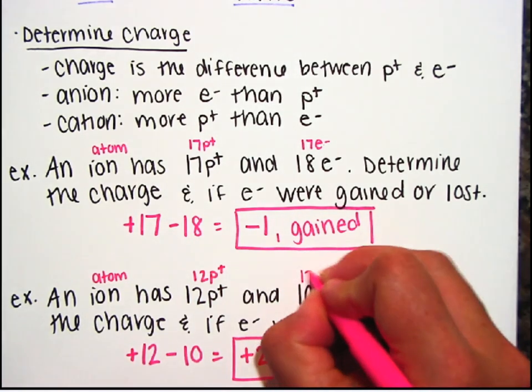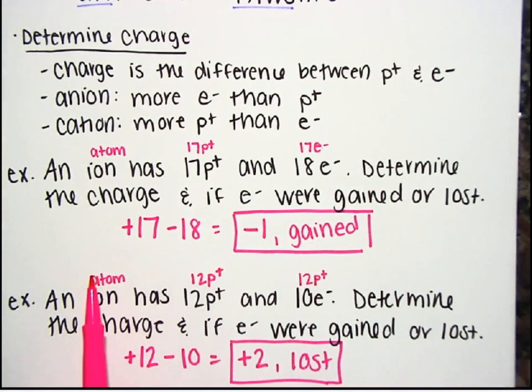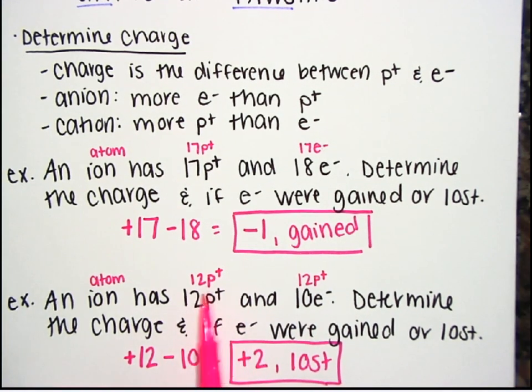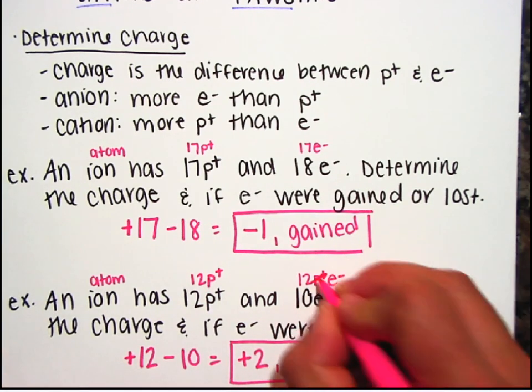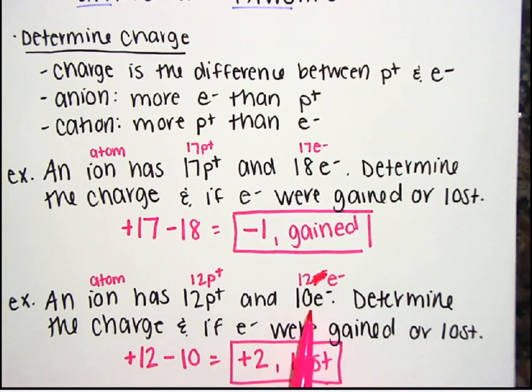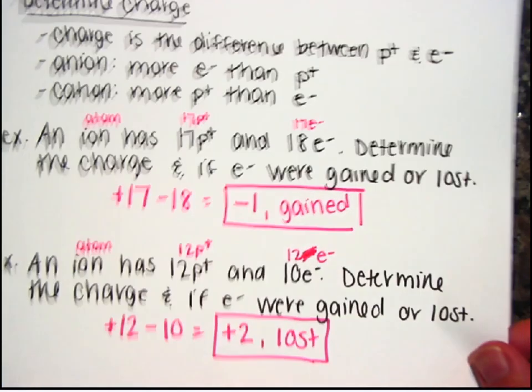But if it were an atom, protons must equal electrons. So as an atom, this is magnesium. Magnesium has 12 protons and 12 electrons. As an ion, it has only 10 electrons. That means it had to lose 2 electrons. If you lose 2 electrons, it's like subtracting a -2. It becomes +2.